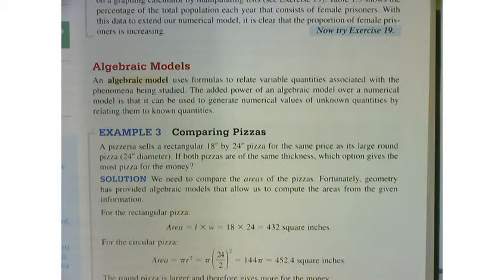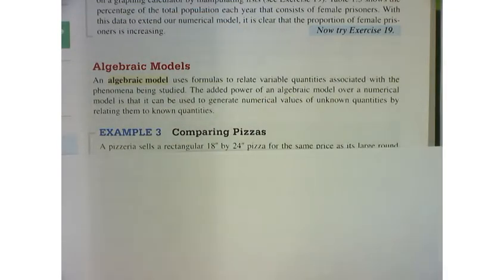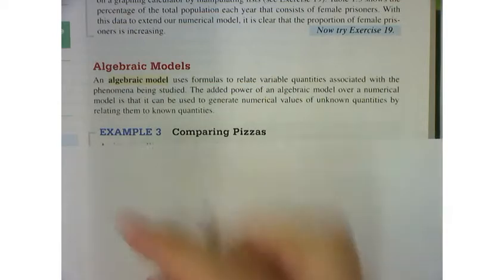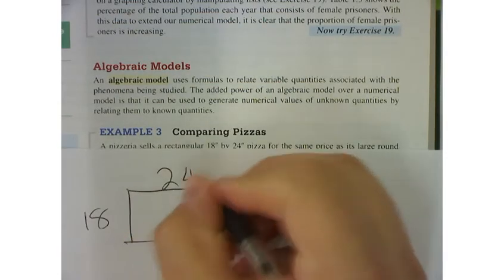So let's read this. It says a pizzeria sells a rectangular 18 by 24 inch pizza that is the same price as a large 24 inch diameter pizza. So we've got two pizzas. So I'm going to write this down real quick. This is example number 3, and I'm just going to draw a little picture and say 18 by 24 inch pizza.